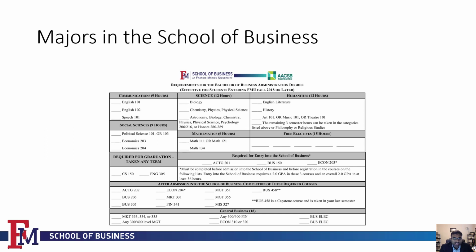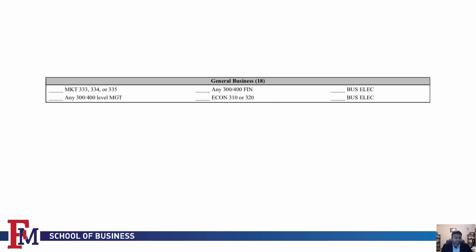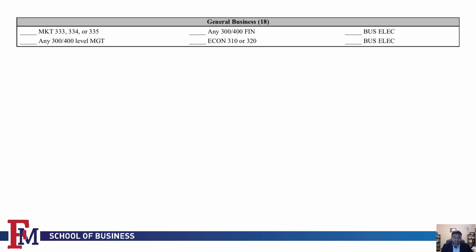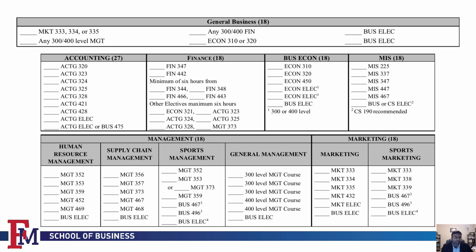Now that we have finished with the gen ed requirements and the 15 hours of free electives, let's talk about the different majors in the School of Business. The School of Business has a major in general business, accounting, finance, business economics, management information systems, management, and marketing.